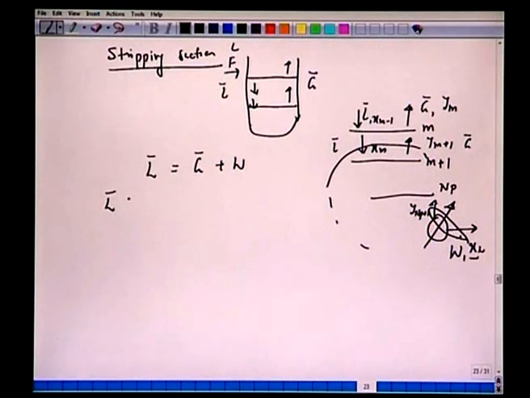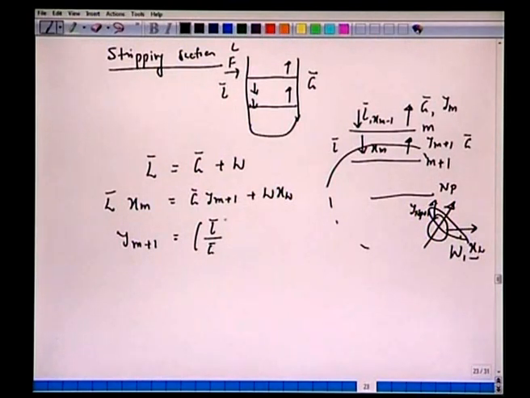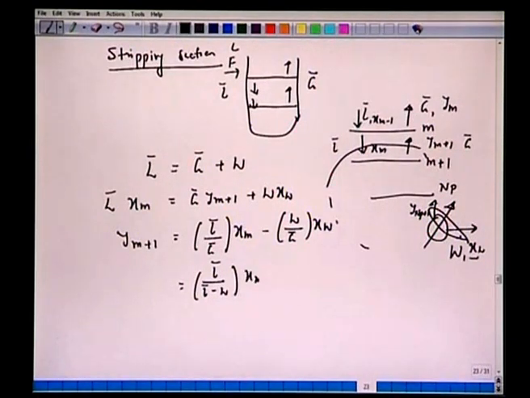Similarly we have L bar xm equals G bar ym plus 1 plus W xW, and we can rearrange to write ym plus 1 equals L bar over G bar xm minus W over G bar xW, which is the same as L bar over L bar minus W xm minus W over L bar minus W xW.